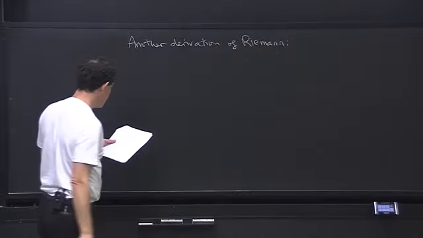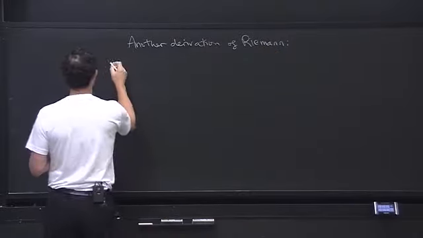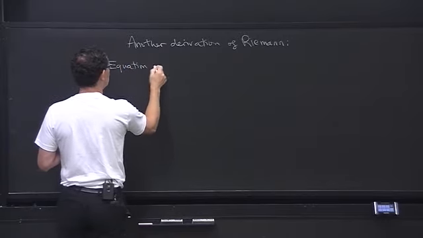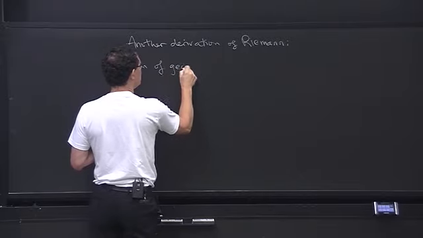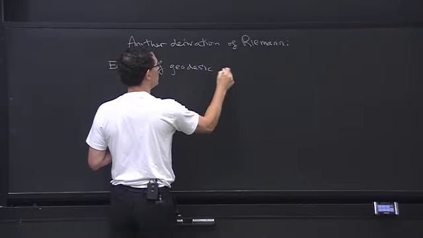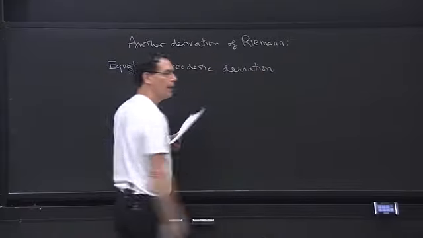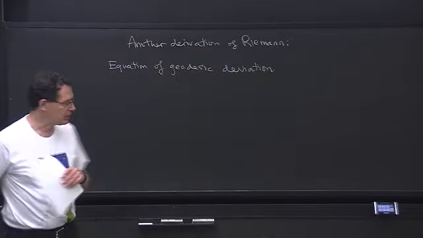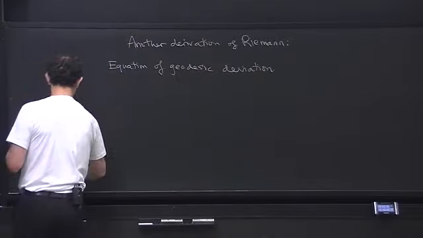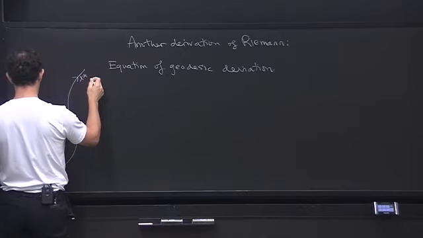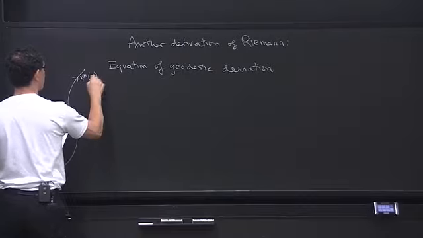And again, it comes from the geodesic equation. It's called the equation of geodesic deviation. Okay, so the idea is extremely simple. I've got some geodesic curve, x mu, and let's pick it a proper time, tau.